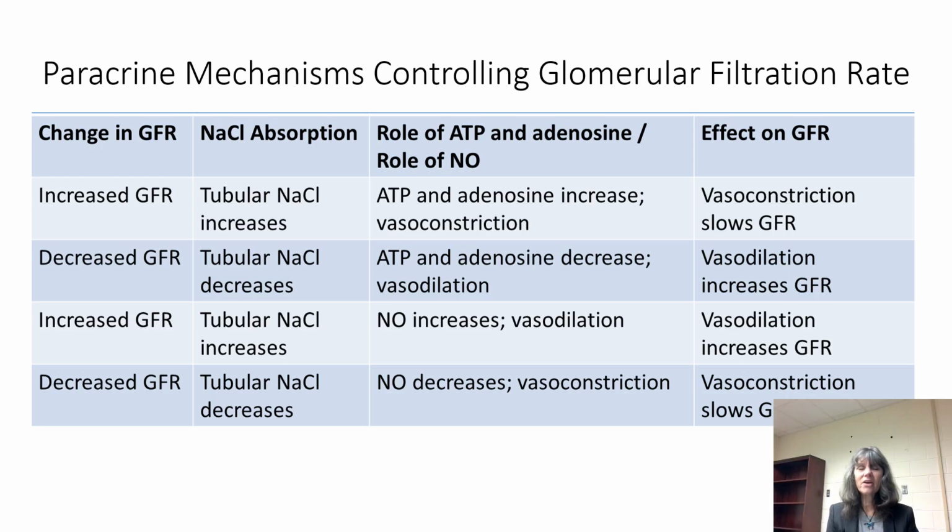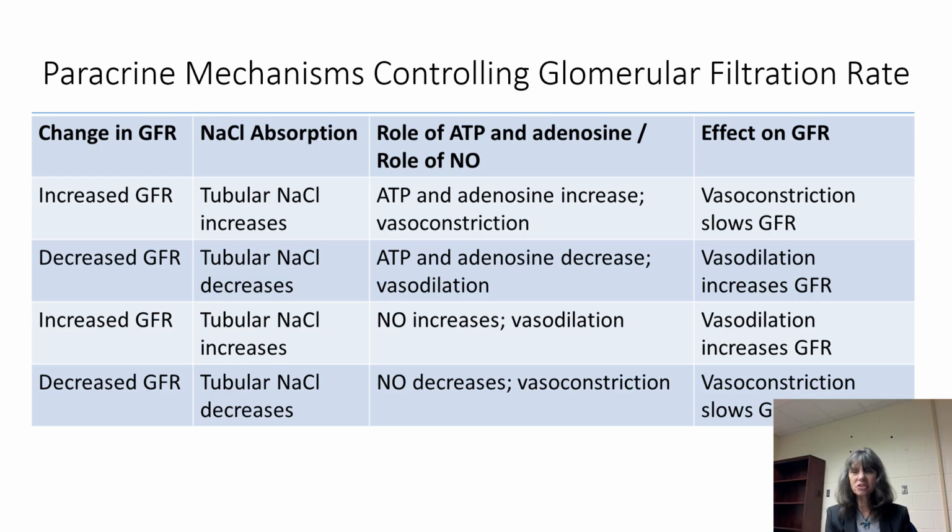And you'll notice that when there is increased glomerular filtration rate, which is the first and third of the lines in terms of these chemicals, when the release of adenosine triphosphate, adenosine, is increased, as well as the release of nitric oxide on the third line, you'll notice that the first two cause vasoconstriction and nitric oxide causes vasodilation. However, please keep in mind that adenosine triphosphate and adenosine are stronger than nitric oxide, so they win.